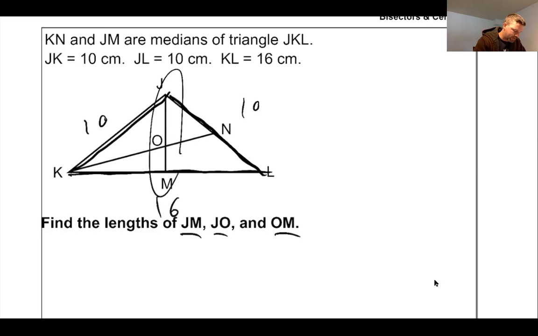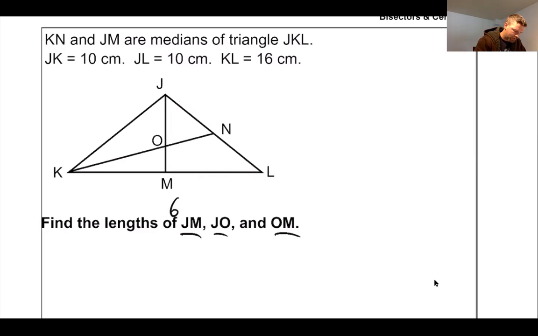I was also given that these are medians, which means that this is cut in half. And if I wanted to look at just that right-hand triangle, since this whole length is 16, just this part of it would be 8. And that whole part, JL, was given to be 10.